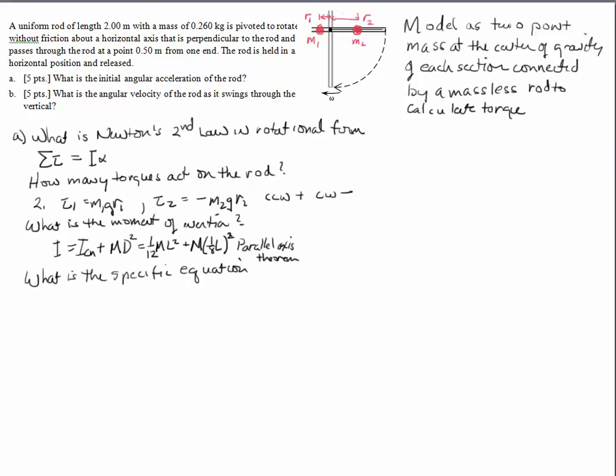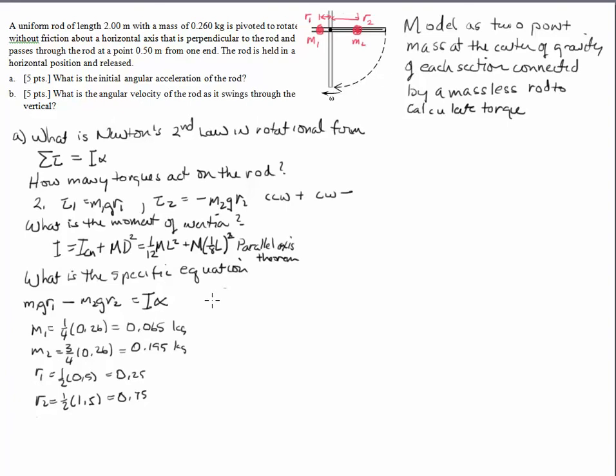Now let's write down the specific equation, putting in everything we've just talked about. And so we'll have m1gr1, which is torque 1, minus m2gr2, which is torque 2, is equal to the moment of inertia times the angular acceleration. And let's list all our values.